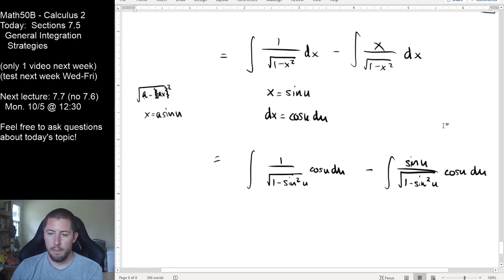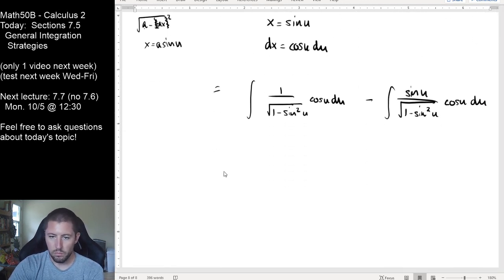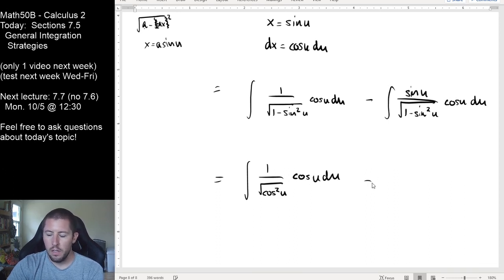And so let's see if we can wrap up these two integrals. This first one is going to be 1 over the square root of cosine squared u times cos u du. This one is the same thing, just with the sine on top.